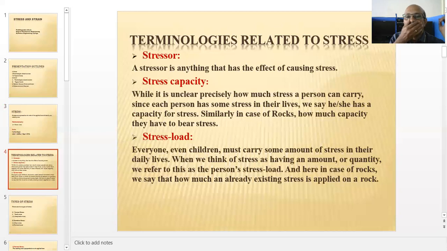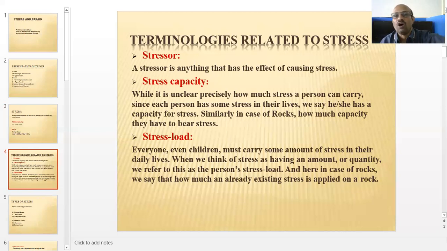Whenever we apply a load on a particular object, be it a human being, a rock, or any designed part, the one taking that stress is called the stressor.